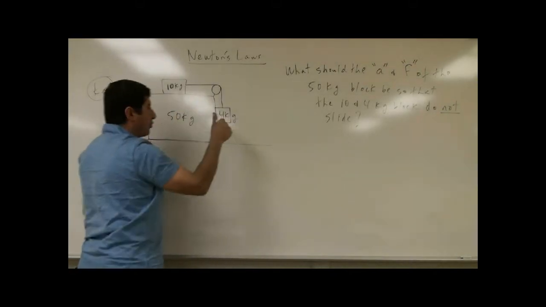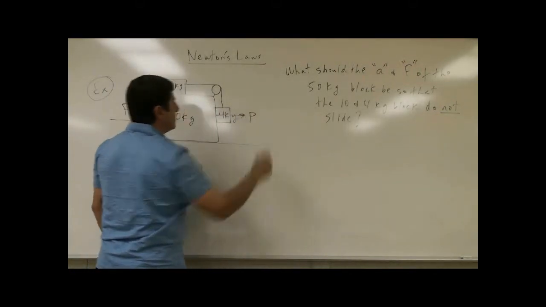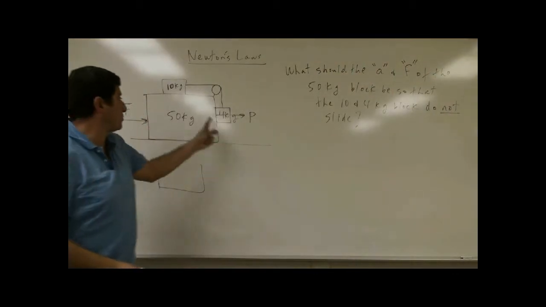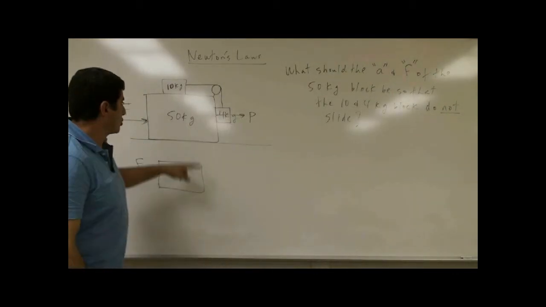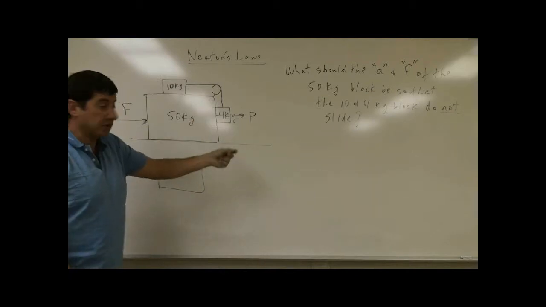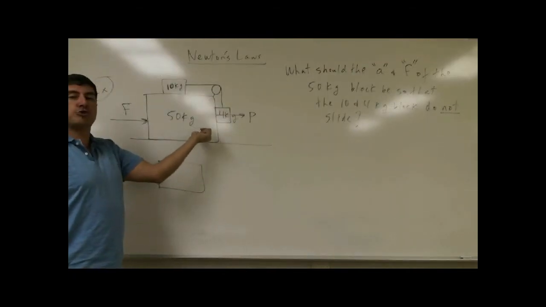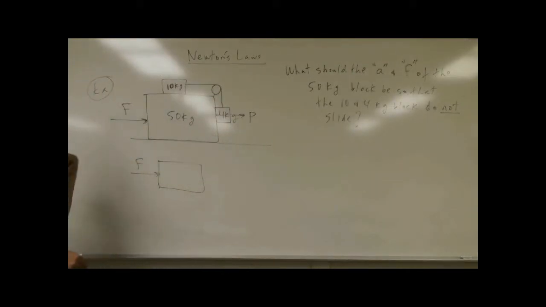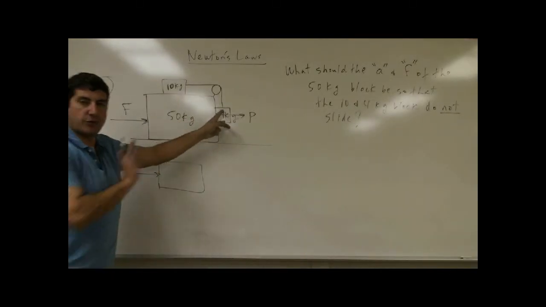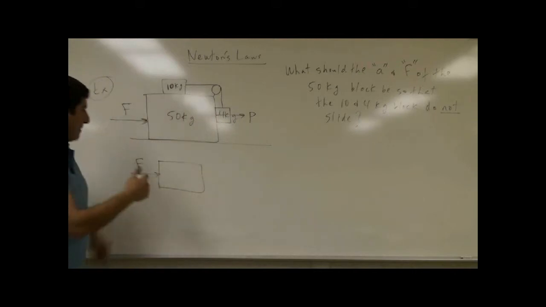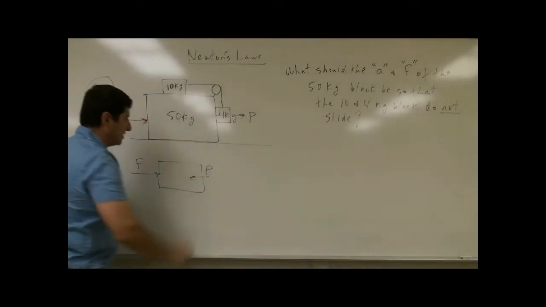It's going to exert a force. We can call that P. It's like an internal force between the two blocks. So in return, the 4 kilogram is going to push the 50 kilogram back this way. Action-reaction force, right? The 50 pushes the 4 forward, the 4 pushes the 50 back with a force P.